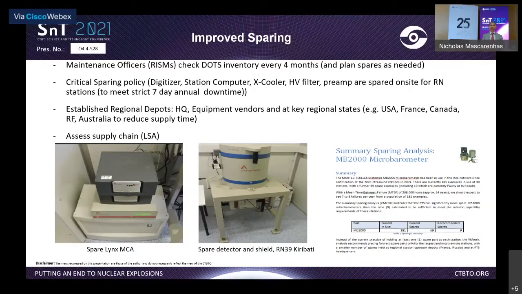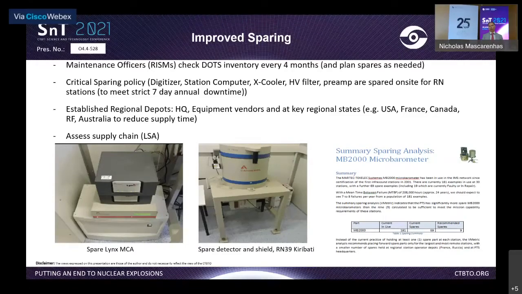So we invested in a policy where for certain critical equipment, we have a spare at the station. For example, a digitizer, or a computer for the station, or a high voltage power supply, and so on and so forth. By keeping these spares right at the station, we were able to improve data availability.